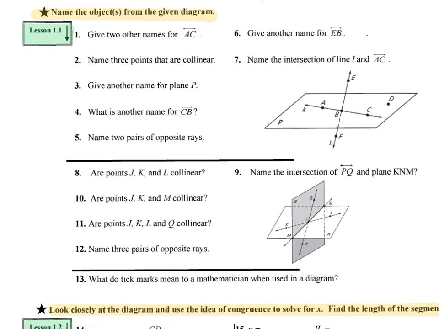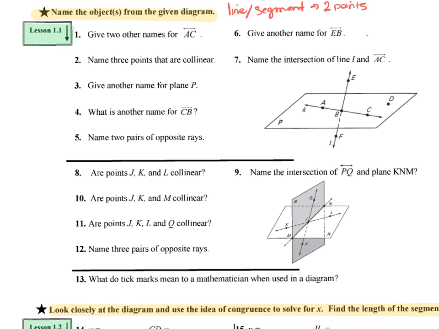The first ones that we're going to be doing are going to be from this first section, and I want to go over the different things that you need to remember when you are naming parts of geometry pictures. We get a little technical and picky about stuff, so you want to pay attention. Remember that when you are doing a line or a segment answer, you should generally be using 2 points.